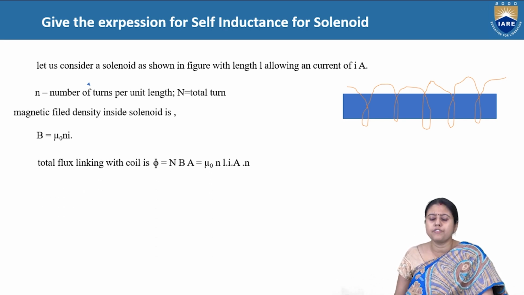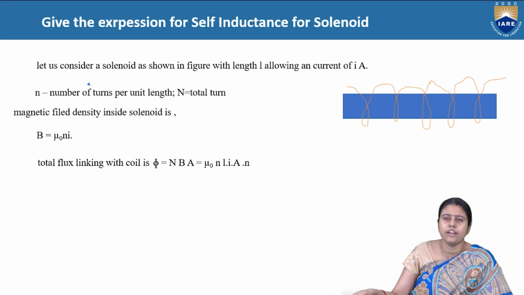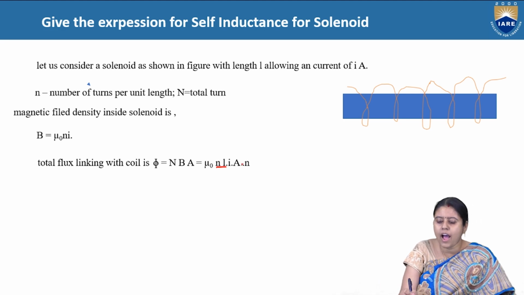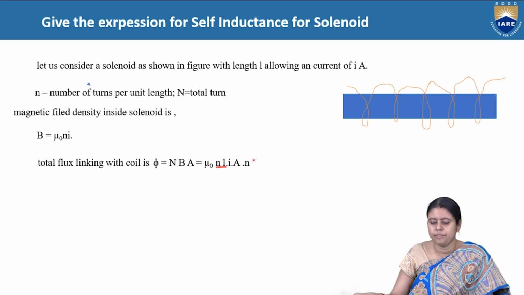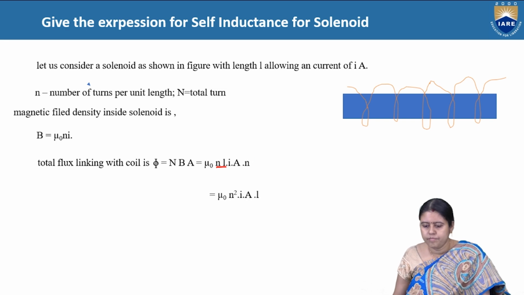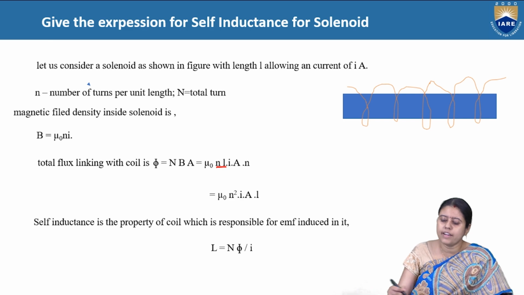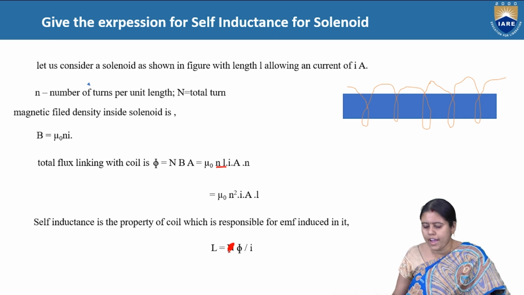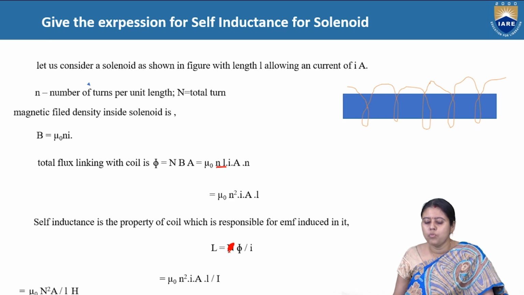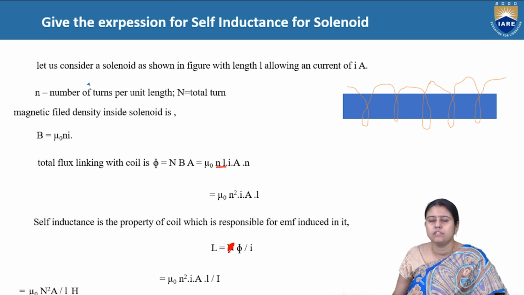So what is the flux? Flux phi is equal to N B A, so mu n N I A. Inductance is equal to N phi by I. If we put in the value, we will get mu n squared A by l.